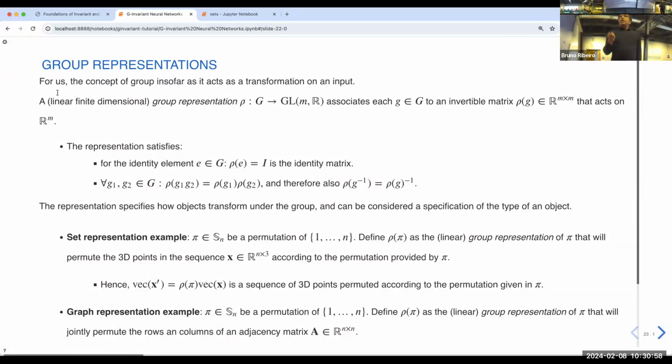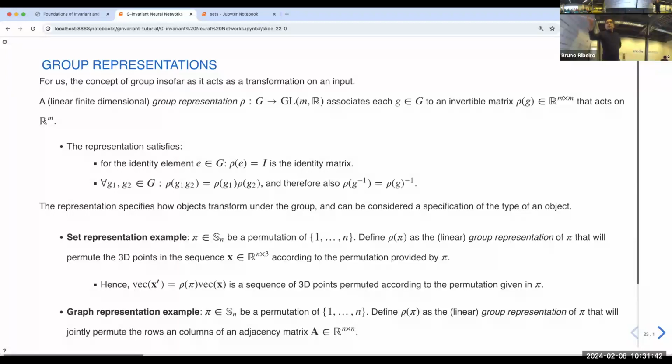A linear finite dimensional group representation, let's call this rho, takes an element of the group and produces a matrix, an M by M matrix over R. It will associate an element of the group to a matrix transformation. It's an invertible matrix, so all these matrices need an inverse because we are talking about groups. Groups have inverses.